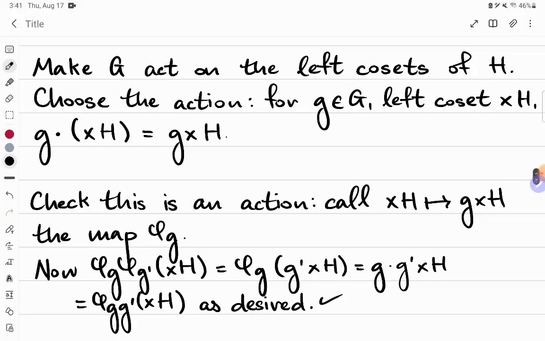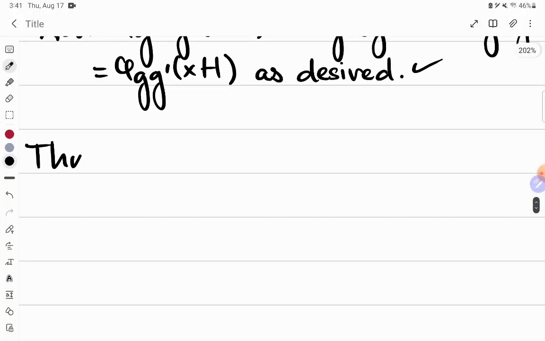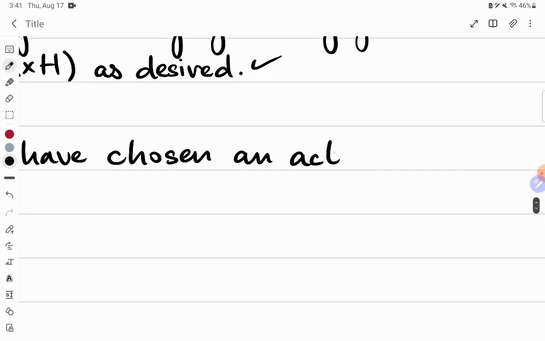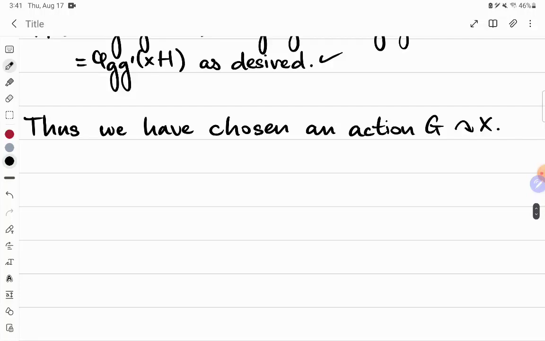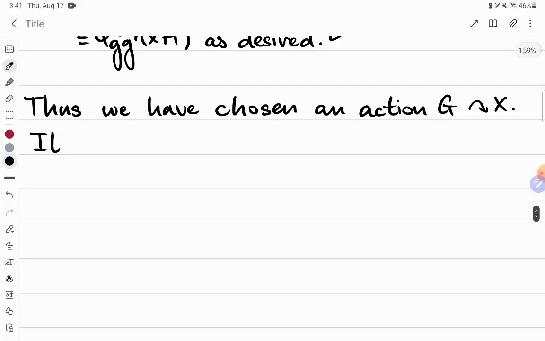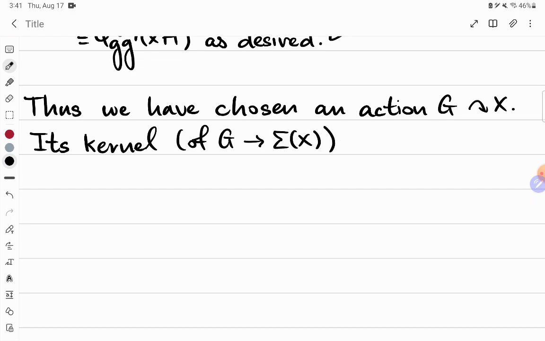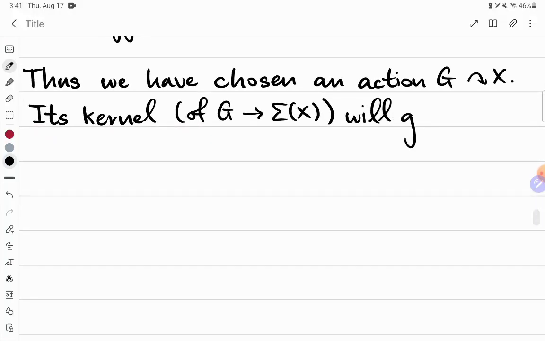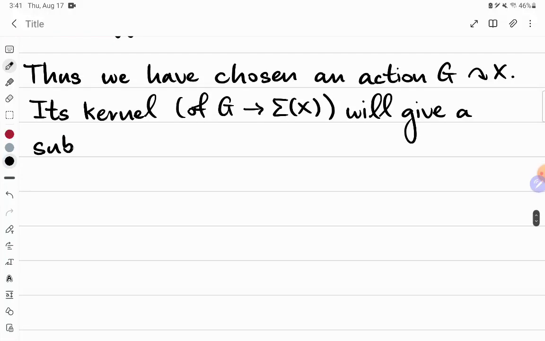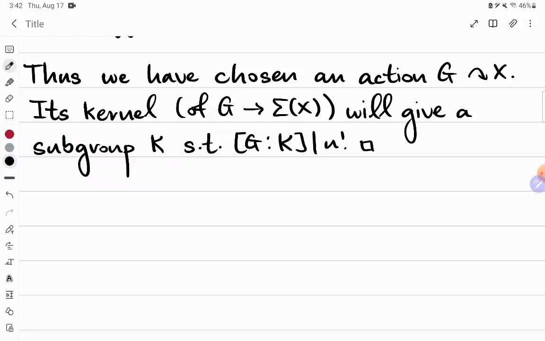Because we have chosen an action of G on X, and the kernel of this action, when we regard it as a morphism into the permutations of the left coset space, will give a subgroup K such that the index of K in G divides n factorial. And this concludes our proof.